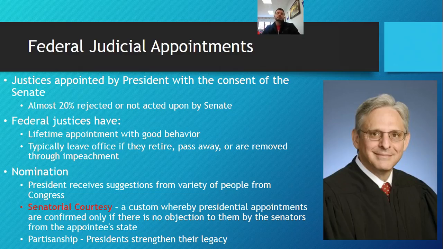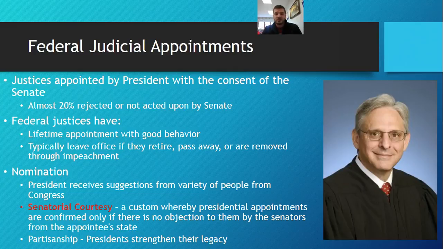So for the judicial appointments, we talked about how justices are appointed by the president with the consent of the Senate. About 20% are rejected immediately and are not acted upon by the Senate. So that means that about 80% usually will go through the process and get confirmed by the Senate. And again, this is all justices.